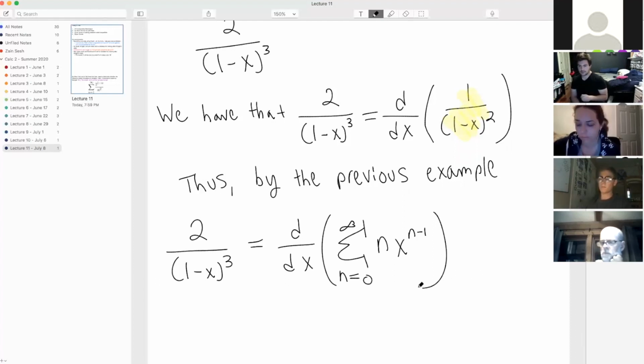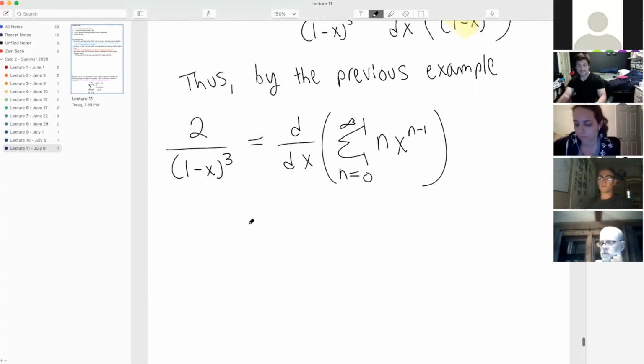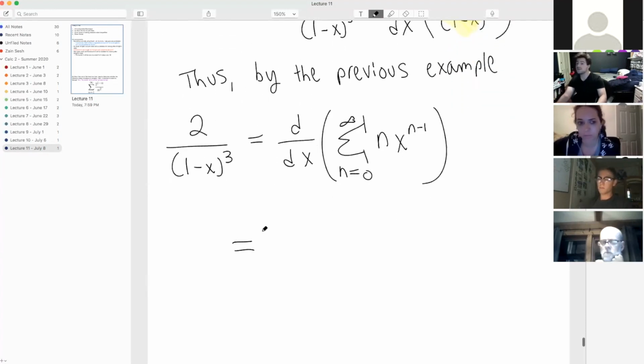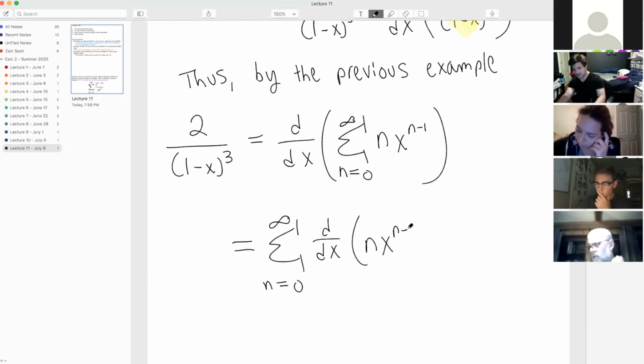So this is by previous example. And now the next equal sign, I will apply the theorem, which is to say that I can bring this differential operator inside of the infinite sum, n equals 0 to infinity. So this is the sum of d by dx of n x to the n minus 1. Here is where the theorem is actually being applied.